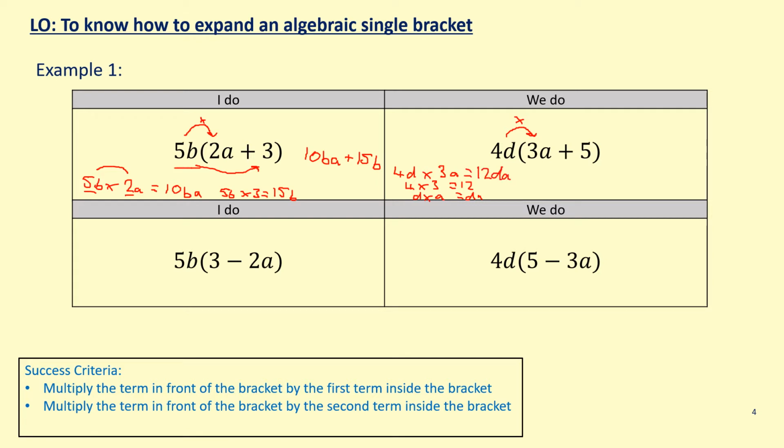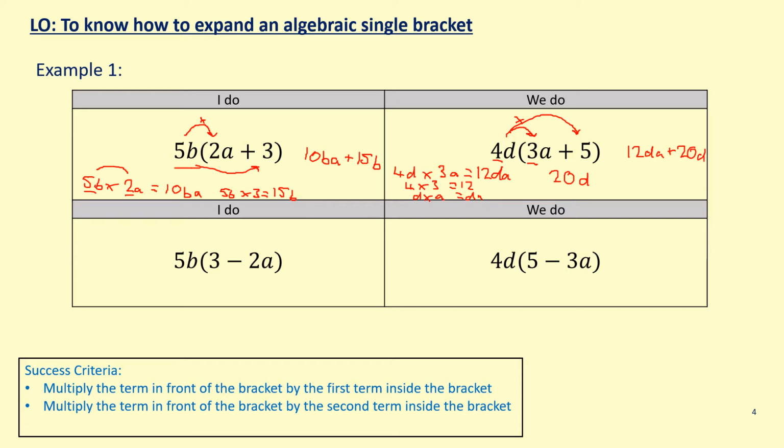So the coefficient of d is 4, the coefficient of a is 3, so 4 times 3 is 12. And then the two letters, when you multiply them together, become dA. And then we do 4d multiplied by 5. So 4 times 5 is 20, so we have 20d. So the final answer is 12dA add 20d.